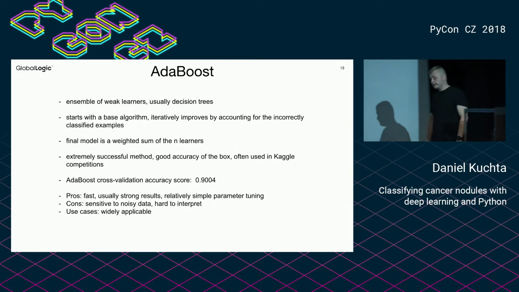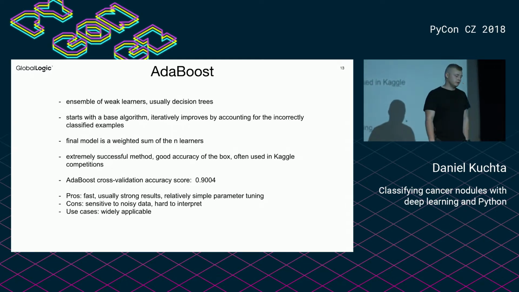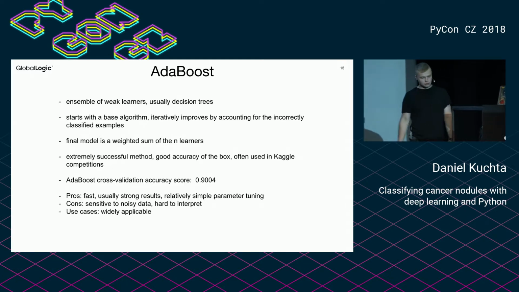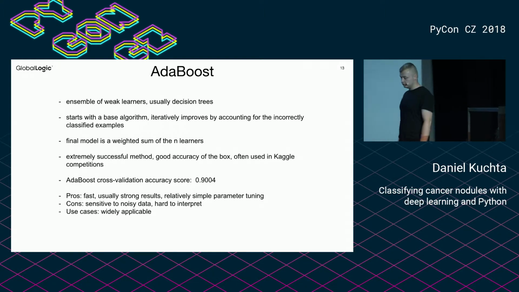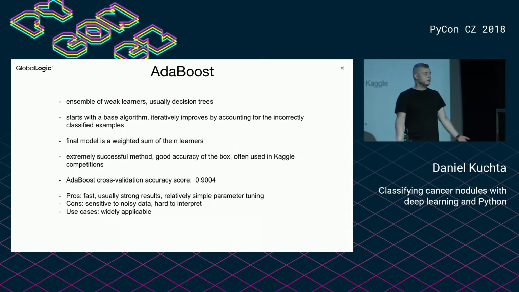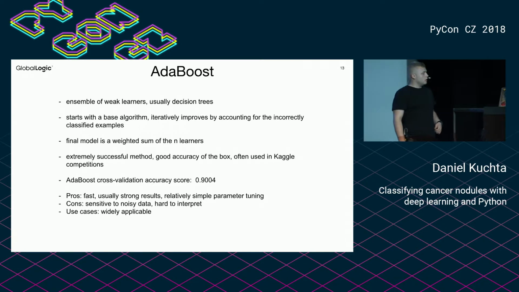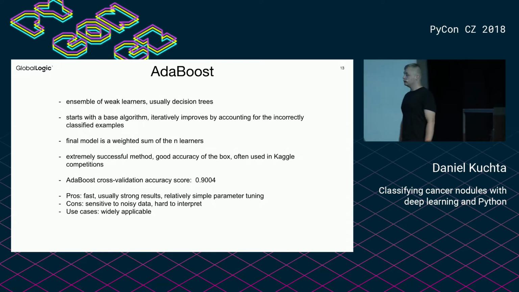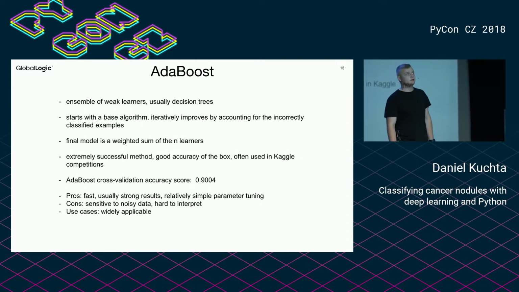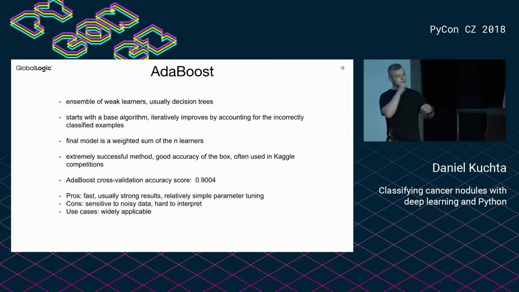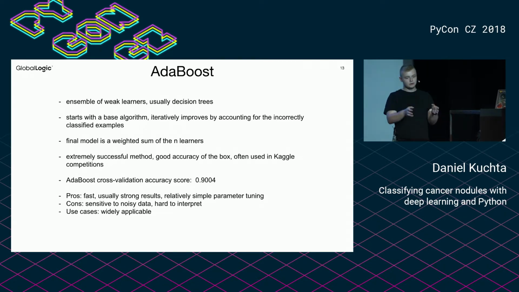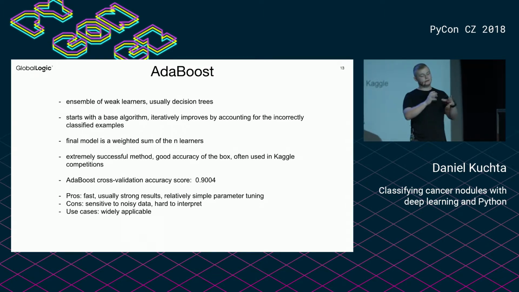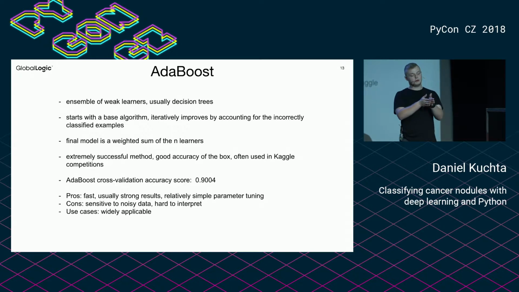Okay, so once we had our baseline, we wanted to start with simple algorithms that you try first. The first one was AdaBoost. AdaBoost is an ensemble method that basically builds a decision tree which makes some predictions. It looks at where the first predictor, the first tree, made mistakes.